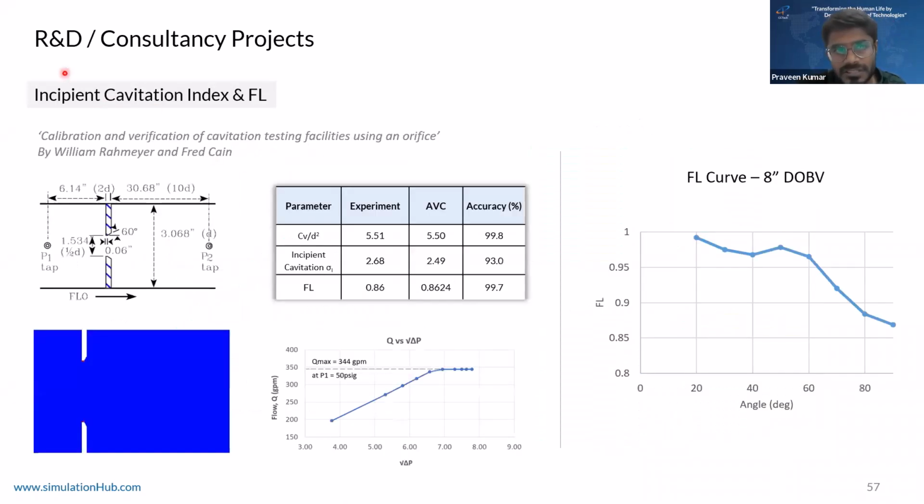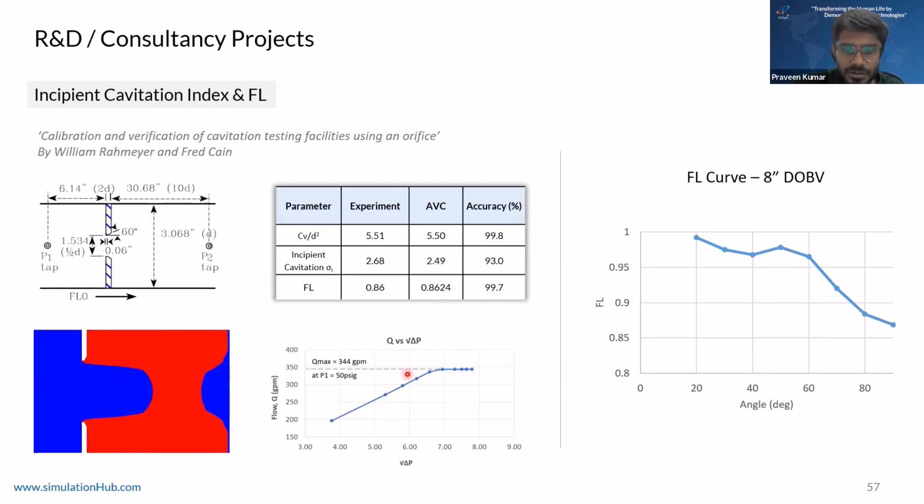We are also doing some R&D work on the incipient cavitation index, or liquid recovery factor (FL). We saw very good success with simple cavitation or orifice geometries. We compared it with lab results, and it is more than 95% accurate.